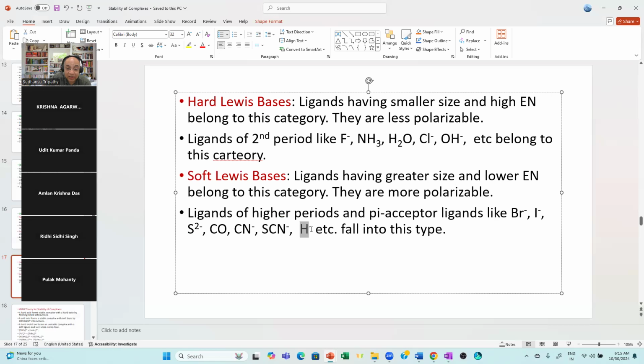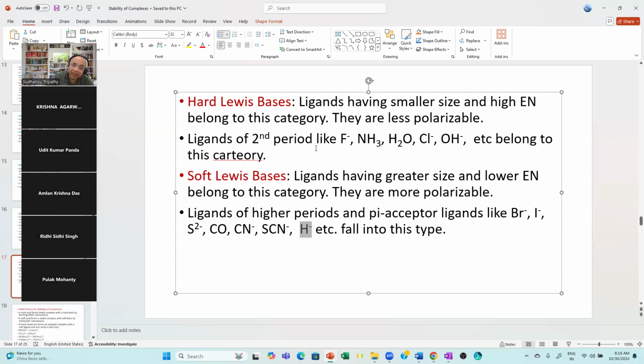Hydrido, even though small in size, is considered a pi acceptor ligand as well, along with large size ligands like sulfido, iodido, bromido. Hydride ion is not small, although the hydrogen atom is small. Hydride ion is bulky. I think we did discuss this during our size discussion. So it has been considered a soft base.